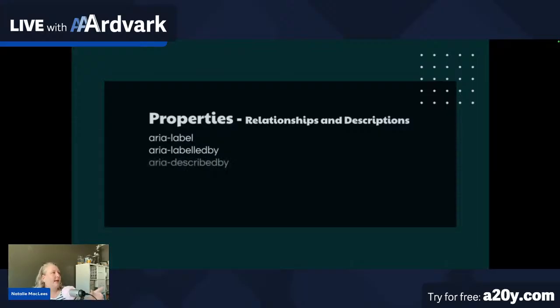And then in a related one, we have ARIA described by, which is not a label, but additional information. Think about a form field where you might have a label up top that says email address, and then instructions underneath that say, this is the email address that we're going to send your calendar invite to.